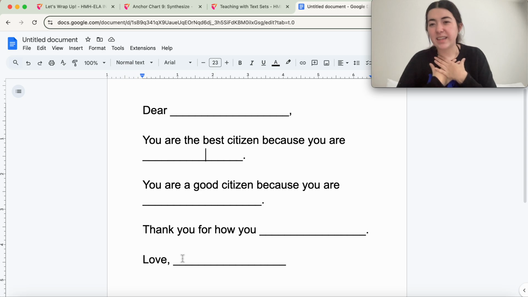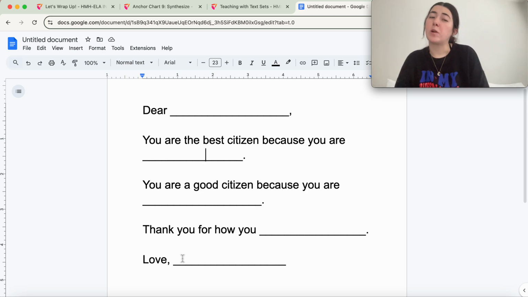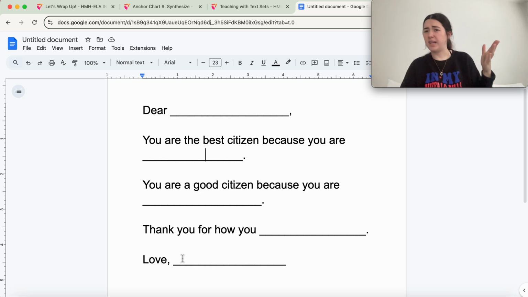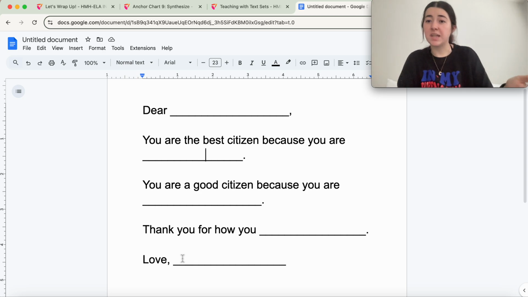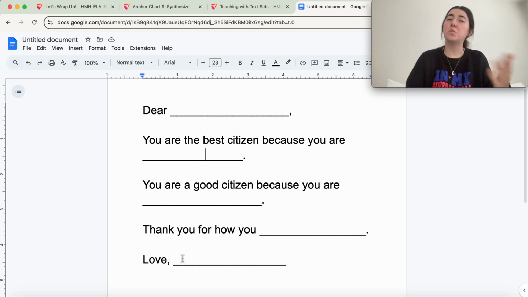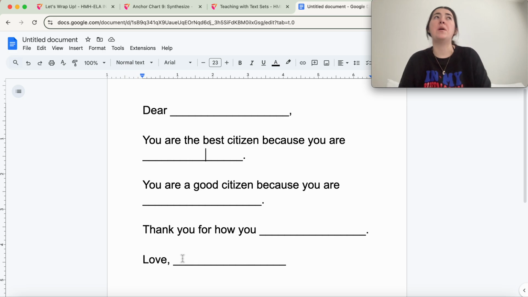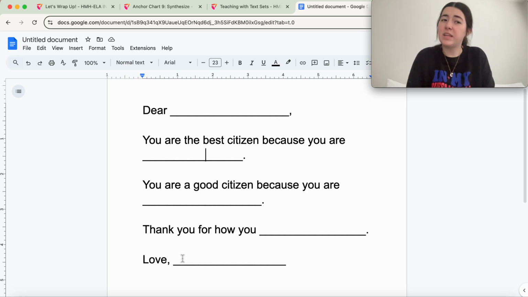I would be okay, and I think Miss Walter and Miss Brennan would be okay too, if you wanted to make one for an actual citizen that you have seen, who you think is the best citizen you know, who shows kindness and who shows courtesy to others. So maybe that's someone from our school, or maybe that is someone from somewhere else in our community that you wanted to make one for. That would be appropriate too.